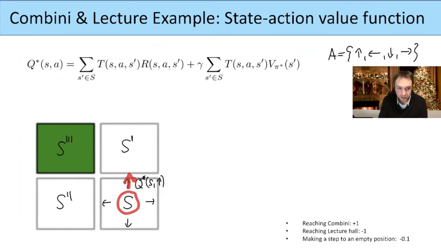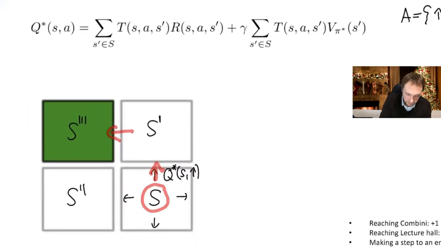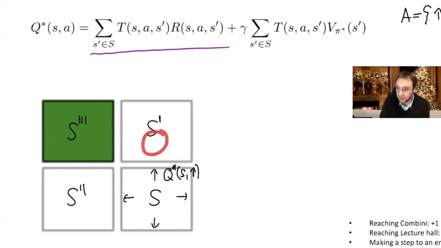Well, the best way to go to a combini is to go there in the next step, right? So maybe let's first do this term here. What is the immediate reward by going this step here? Well, in this case, we go to an empty cell.